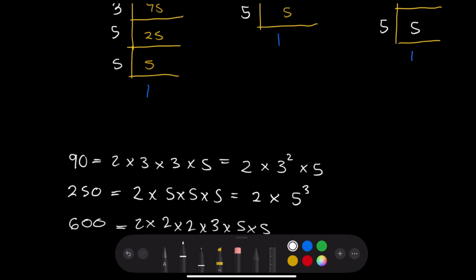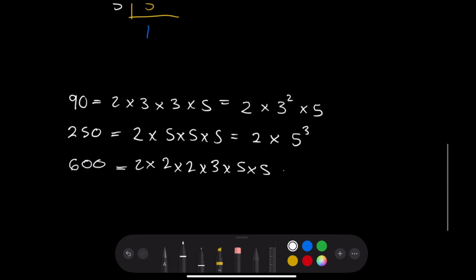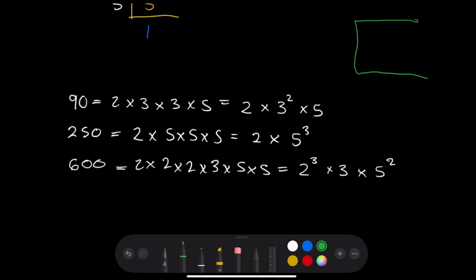That gives me 600. Then to write that more simply, it would be 2 cubed multiplied by 3 multiplied by 5 squared.